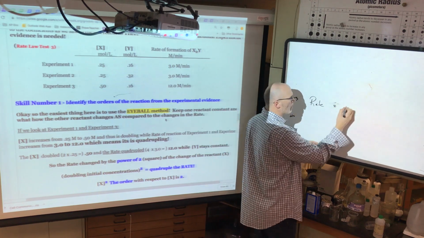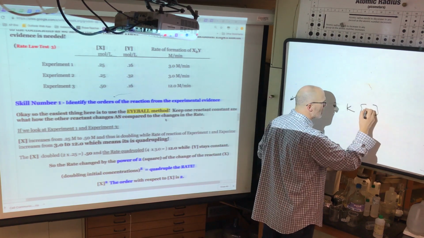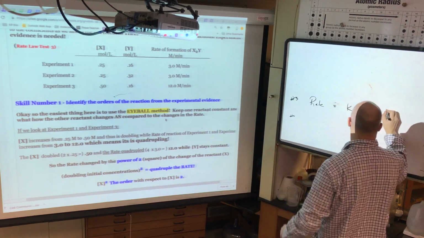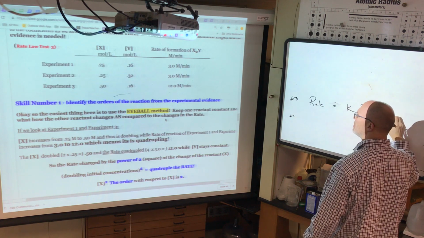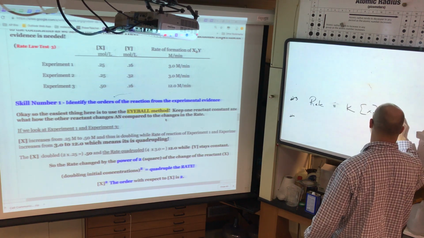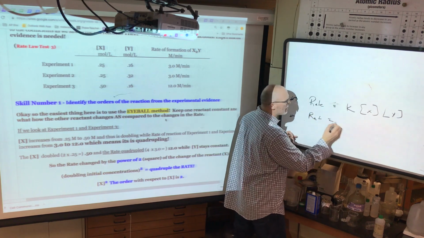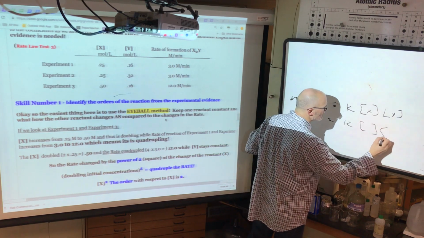And so rate equals what? K, whatever x is, and whatever y is. We don't know the orders yet. So this is the concentrations. Same thing: rate equals k, x, and y.